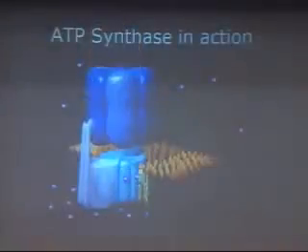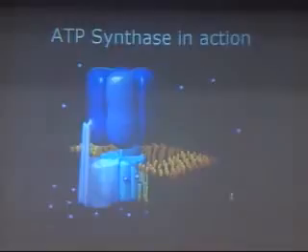And so I've got a picture here, which hopefully will move, which shows this actually happening. The little dots that you can see are protons in the body. The bottom picture is the electric motor, and the top picture is where the ATP is manufactured.